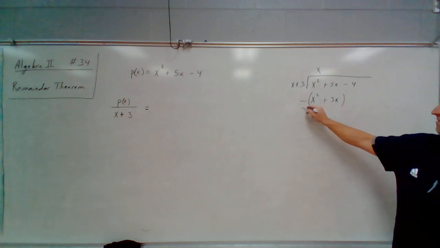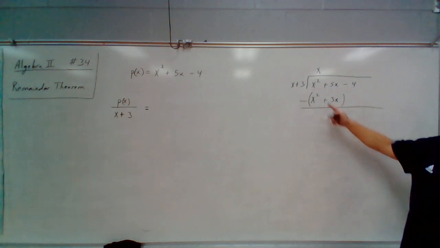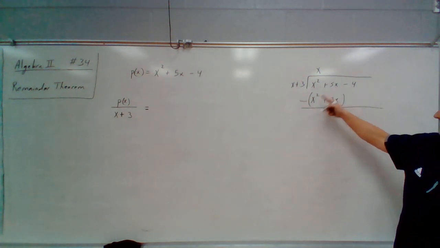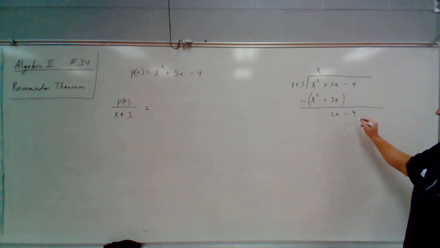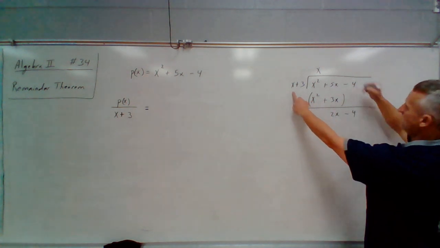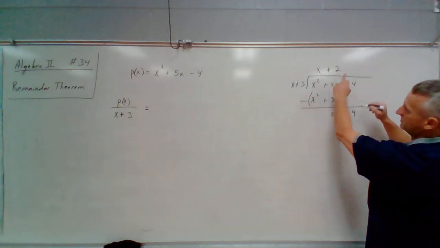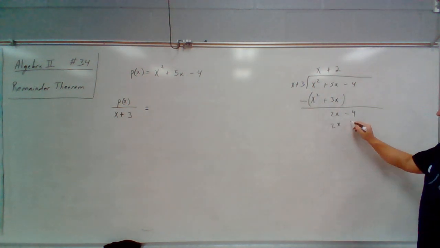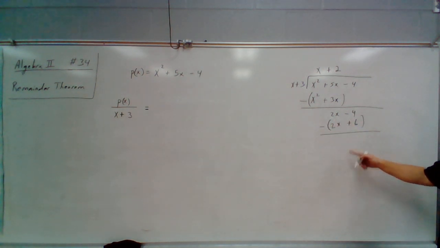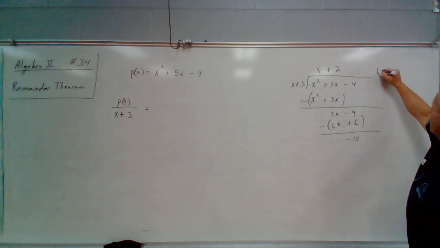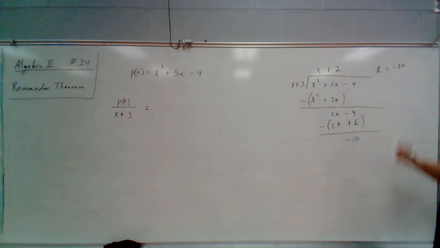Subtract that. Right, those go away, and this will be 5x minus 3x will be 2x minus 4. So this will go plus 2 times. That will be 2x plus 6. Subtract all of that. Those go away. Negative 4 minus 6 is negative 10. So my remainder is negative 10.